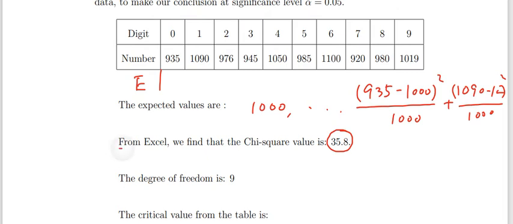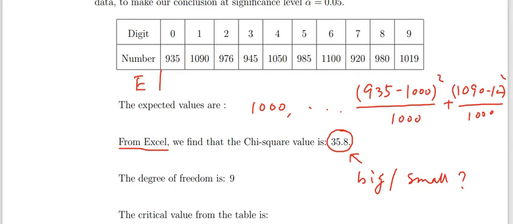I hope you can try to use Excel to confirm this. Here I cannot show you Excel, but anyway, once we have this number, we just check whether it is bigger or smaller.